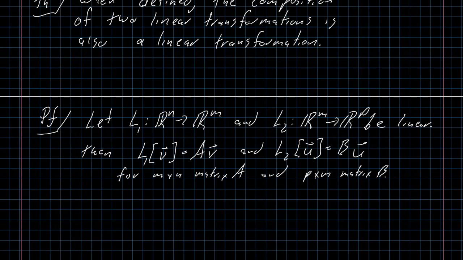Now, one of the things we know about a linear transformation is that we can always represent a linear transformation as matrix multiplication. And that's going to be key for this particular proof.